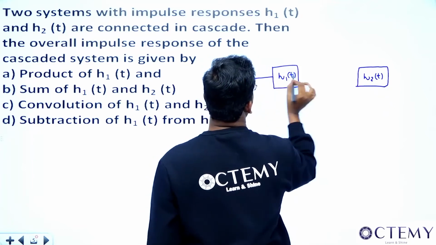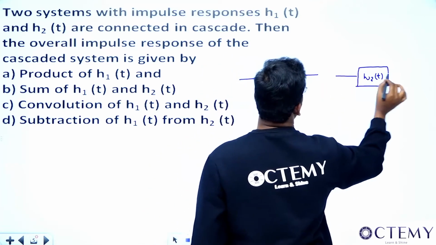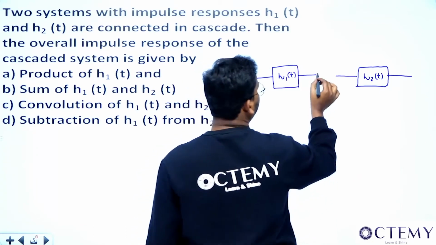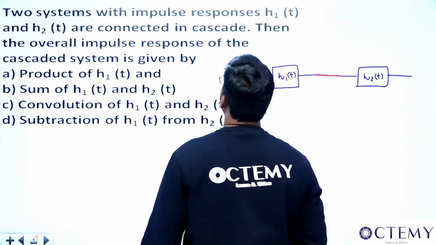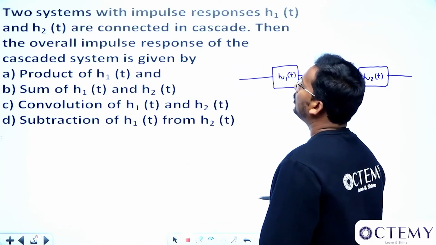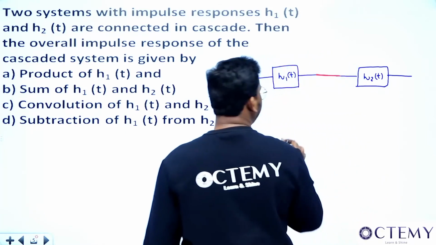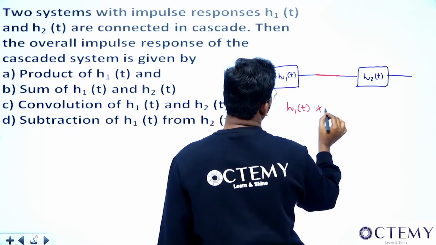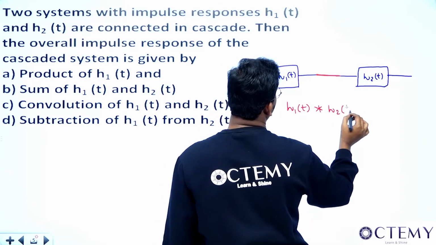Cascade means the output of the first block should be connected to the input of the second block. So if I connect the output to the input, this is the cascading, sir, right? Then the overall impulse response, whenever they are in time domain, we know that it will become h1(t) convolution h2(t), right?